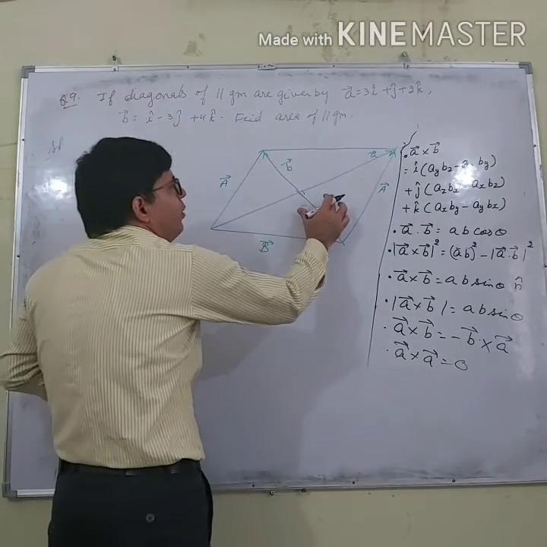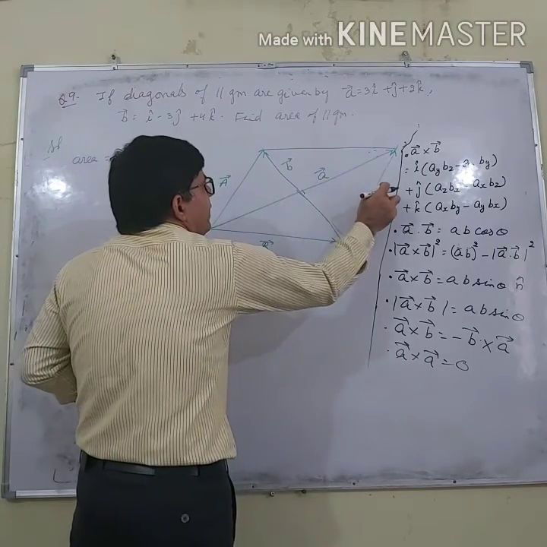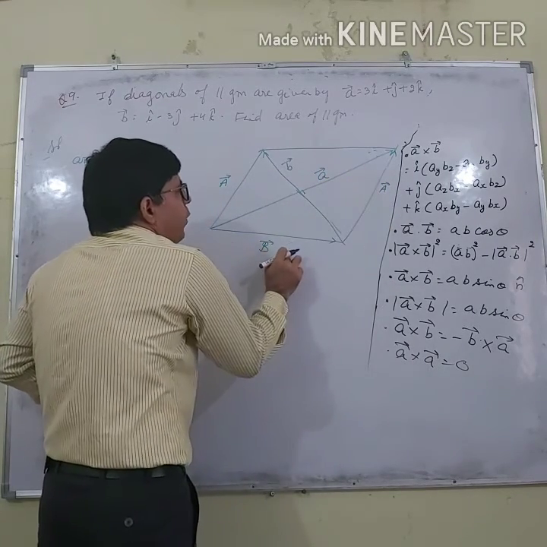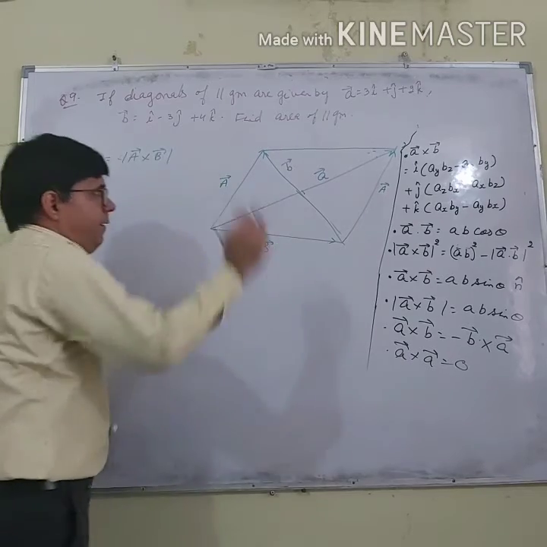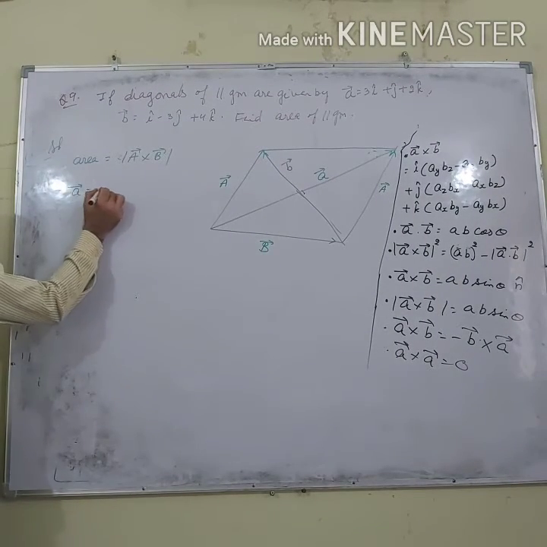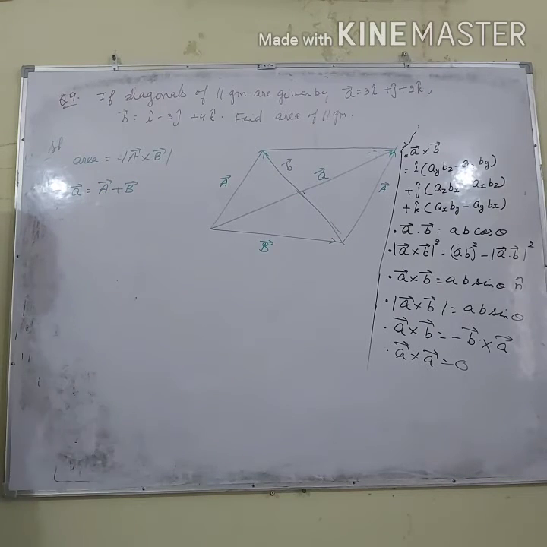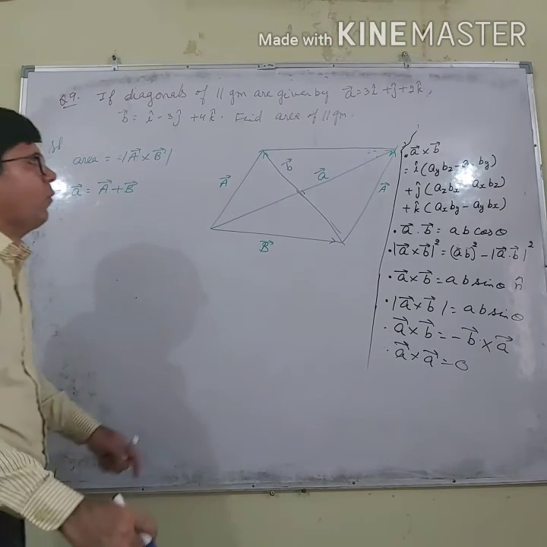So using the parallelogram law of vectors, vector a is the resultant of vectors A and B, using the triangle of vectors.